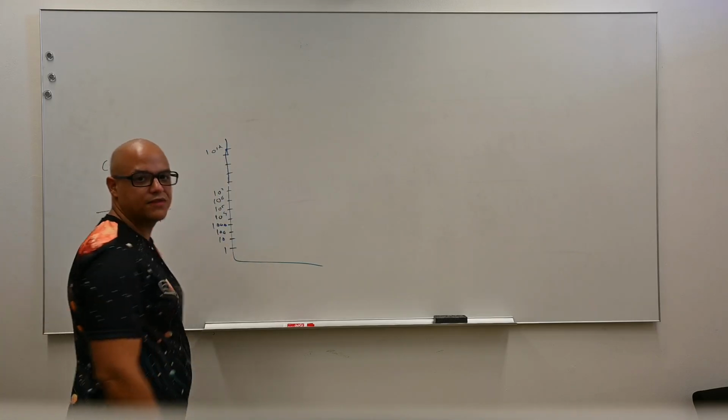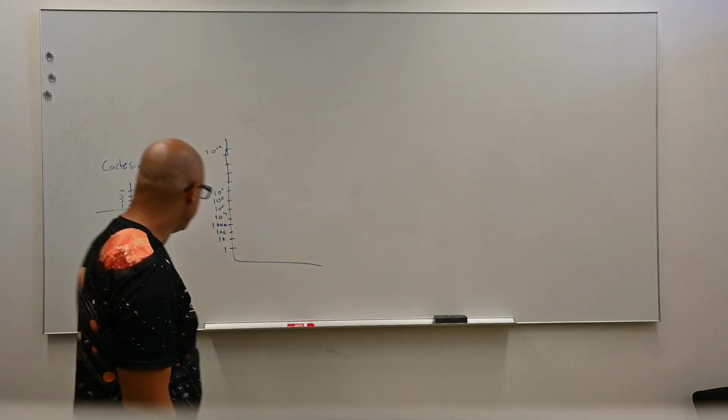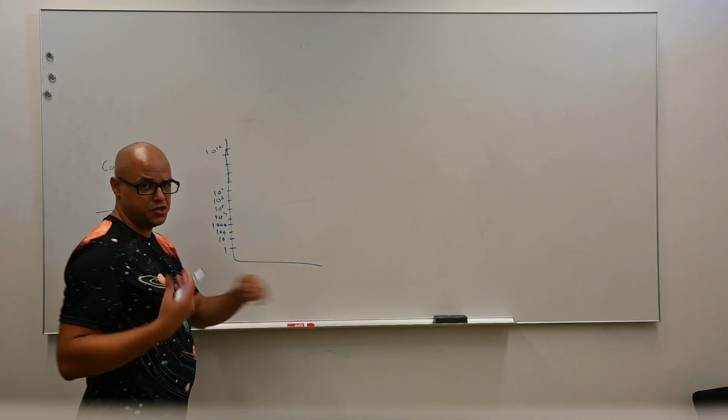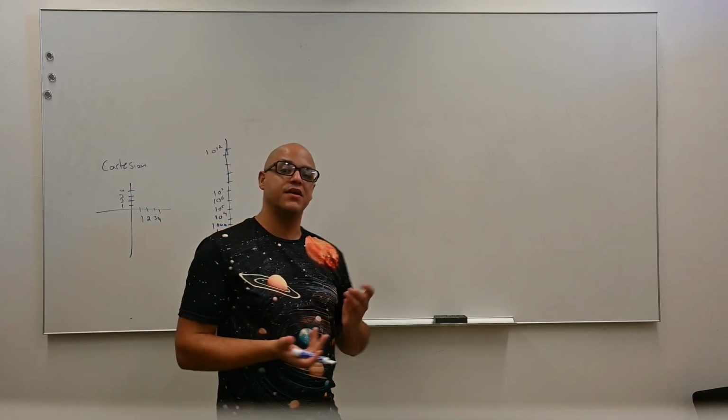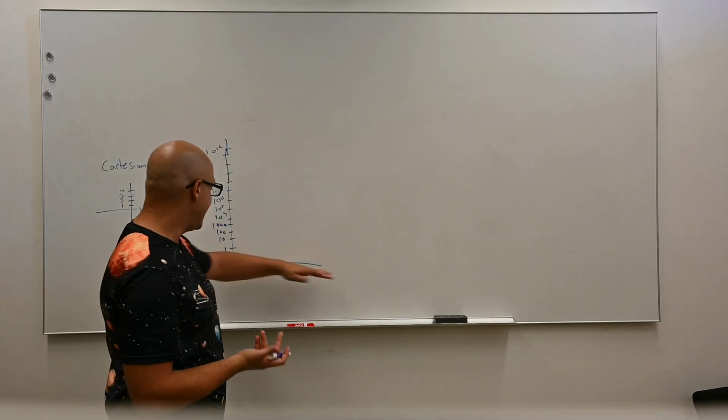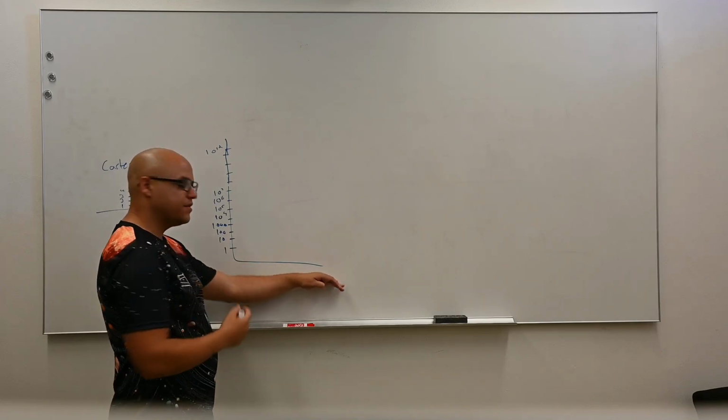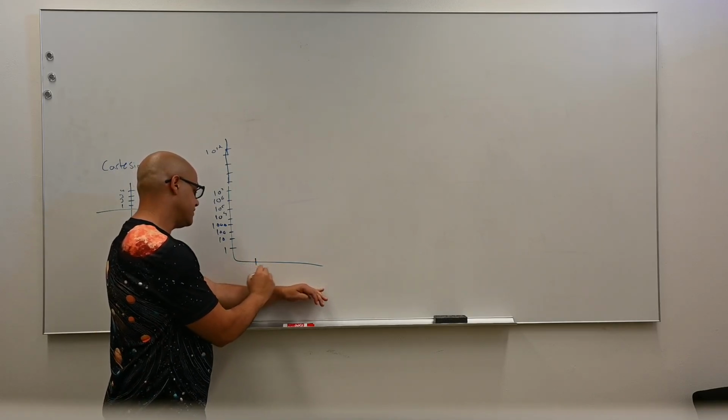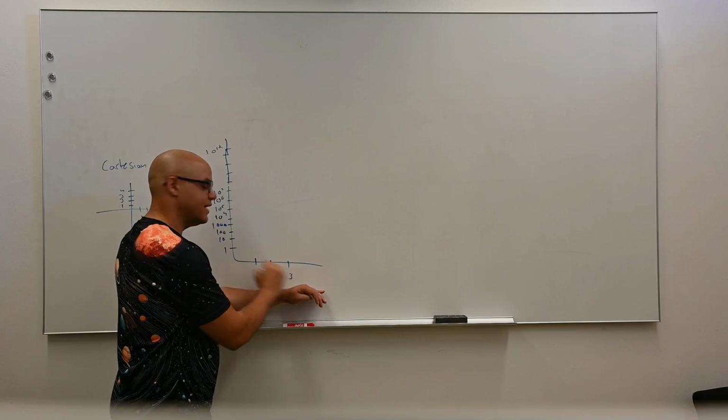Here's 10 to the 12, kind of skipped a few. And the same thing with this axis. Now you do have graphs where the y-axis is logarithmic and the x-axis is linear, but so I guess I'll just do that in this case.